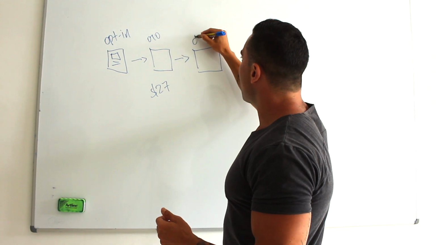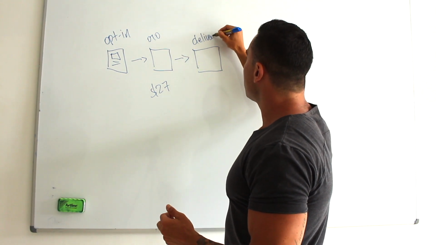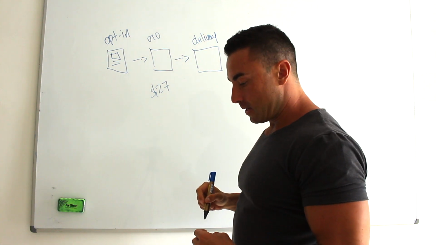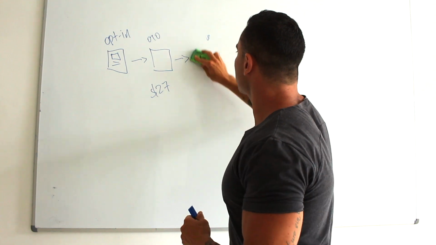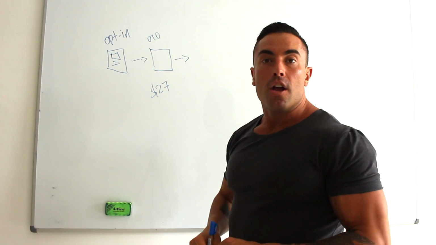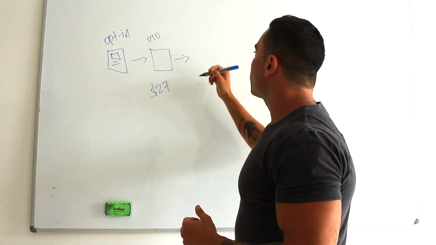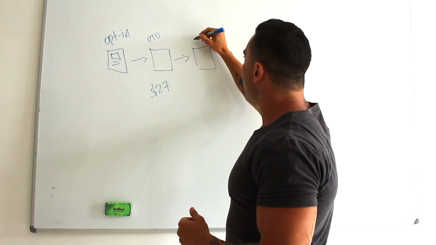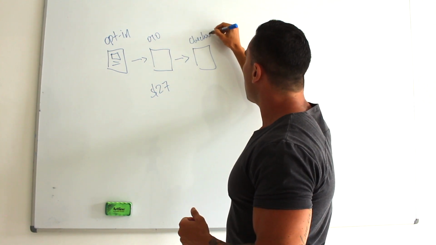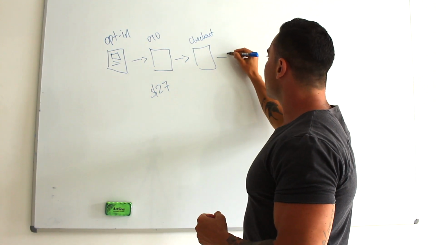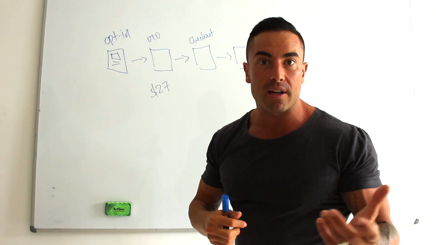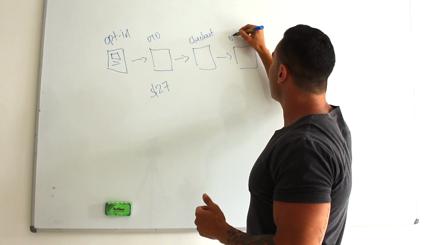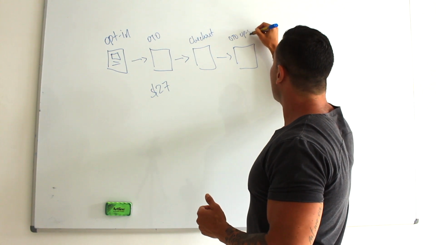The next step after here is we have the delivery of this. So then what we have after the offer is the checkout page of the program. Then after that, we have an upsell. What's an upsell? It's, do you want fries with that? It's simply our one-time offer upsell.